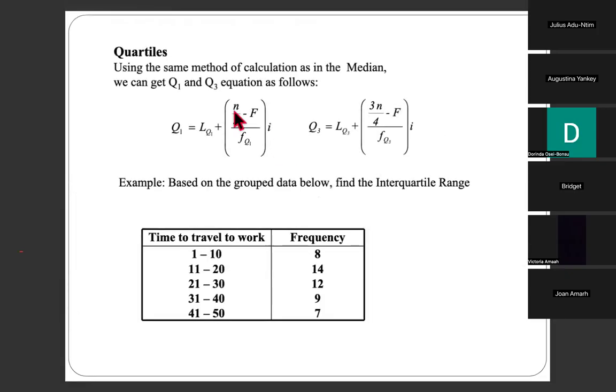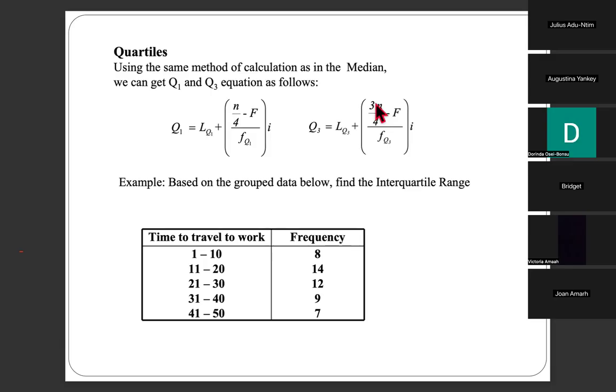But over here, for the first quartile, remember, it is the first quarter, so we have to divide it by 4. Then here, because it is the three quarters, we have to multiply it by 3 and divide by 4.